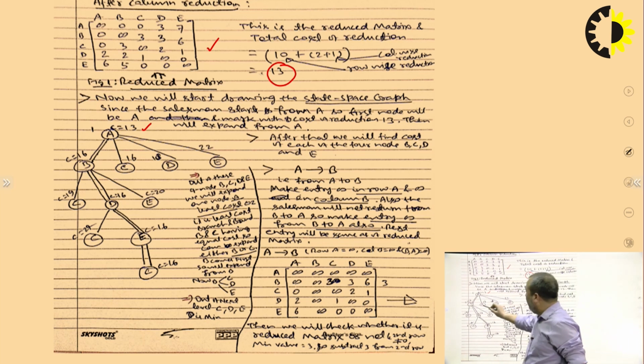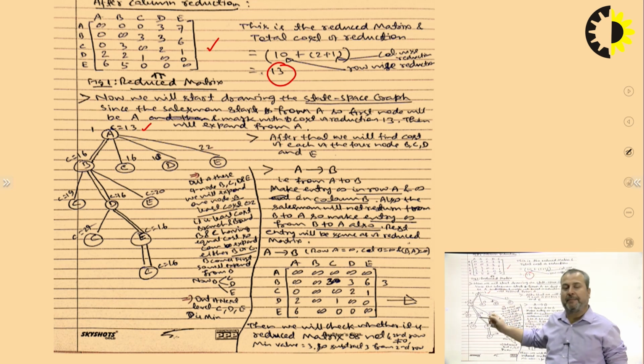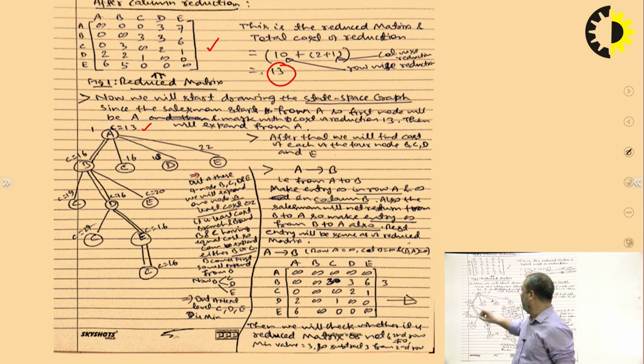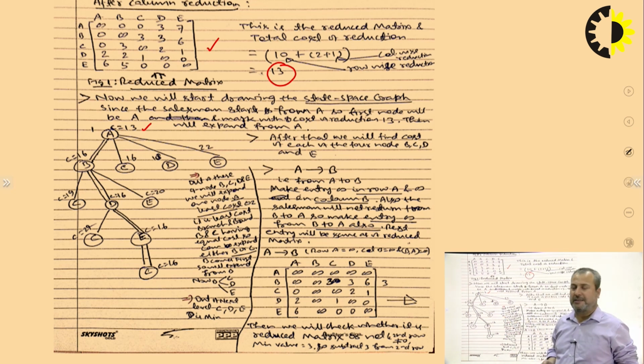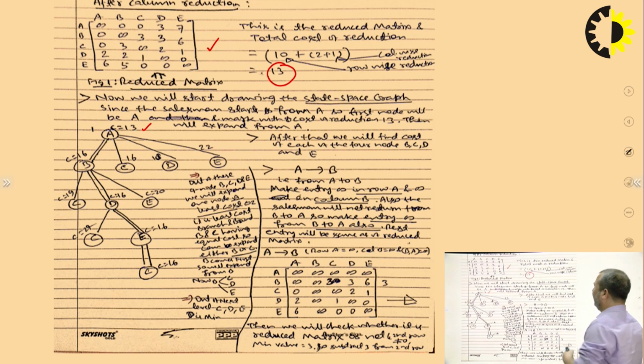We will find the cost at all these and pick the optimal cost, I mean the minimum cost node. Similarly from this way. So this is called the state space tree. The same procedure will be adopted. So this becomes the reduced matrix.